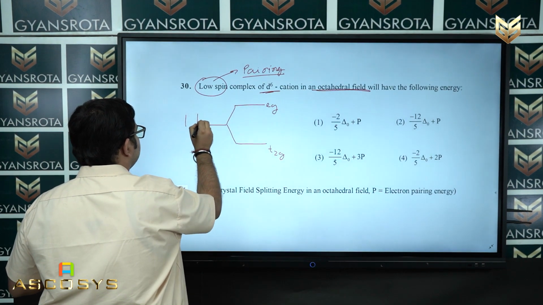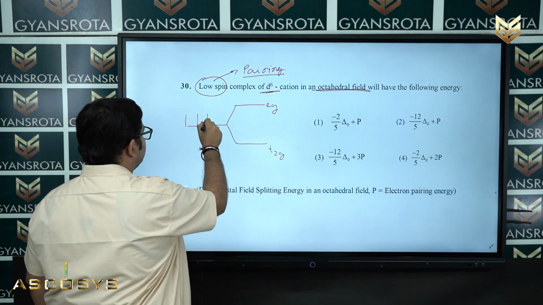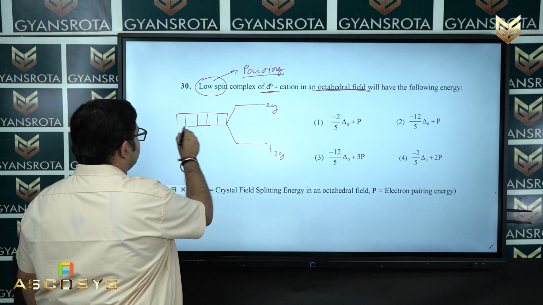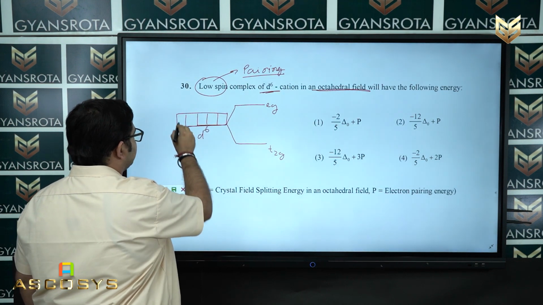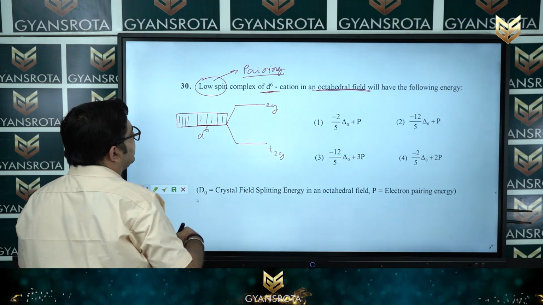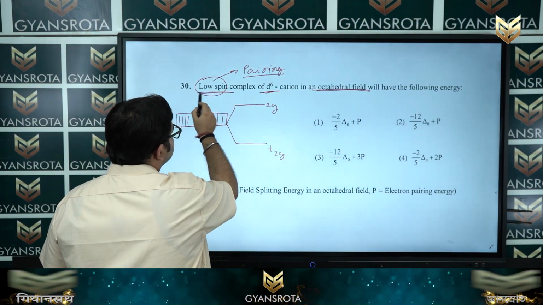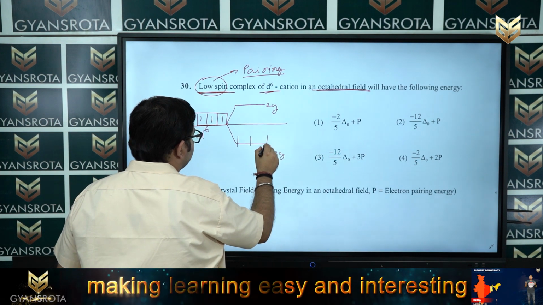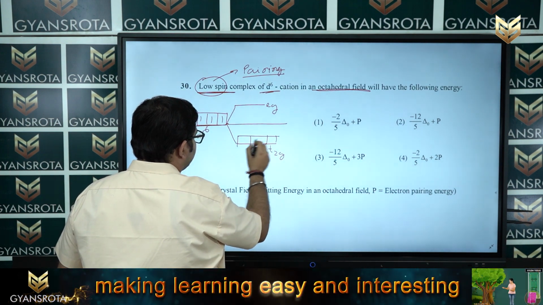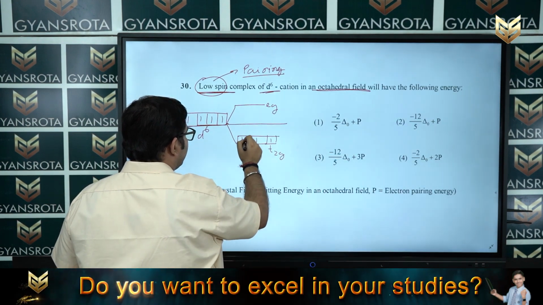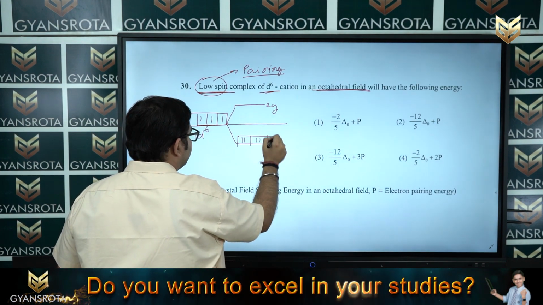This is the d orbitals, which has five orbitals, and it will be d6, means 1, 2, 3, 4, 5 and 6. They are saying it is a low spin complex, so the pairing definitely takes place here. So you fill 1, 2, 3, and rather than jumping, it will be paired up: 4, 5 and 6.